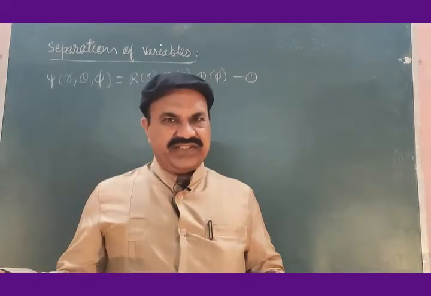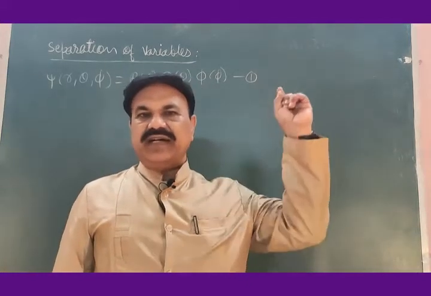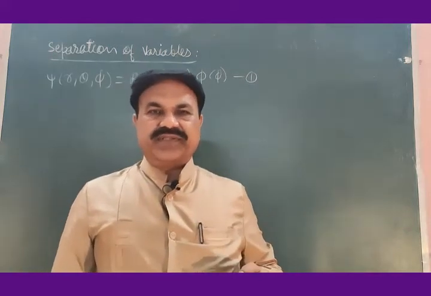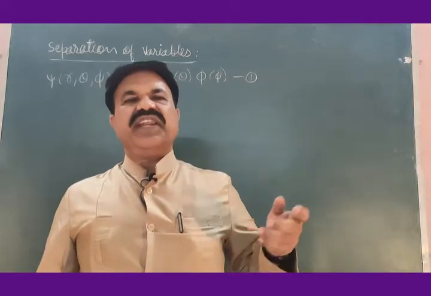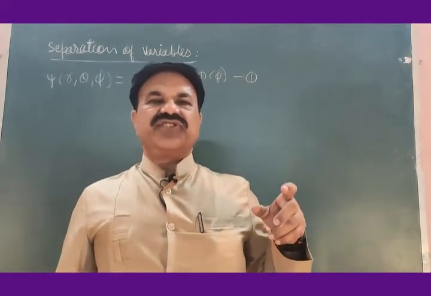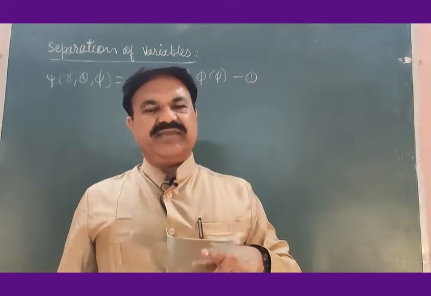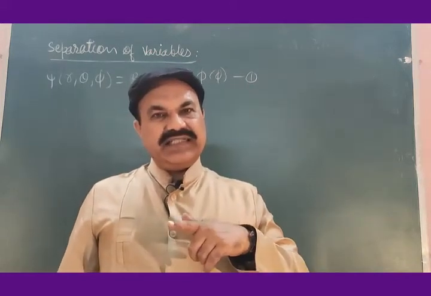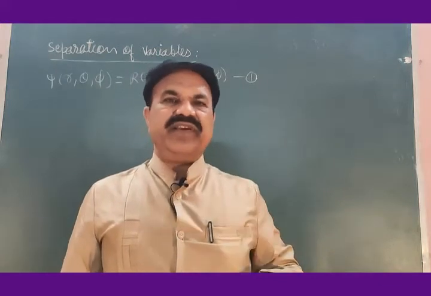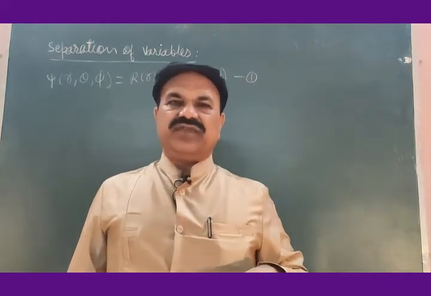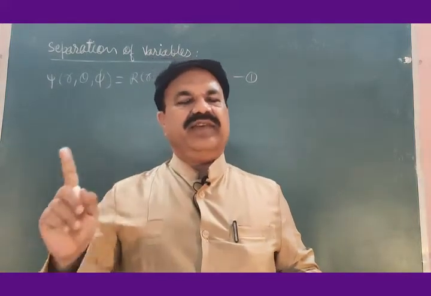The radius vector is that small r. So, R of r describes the behavior or variation of the wave function psi for the electron of the hydrogen atom along the radius vector small r, and this behavior is independent of other two variables theta of theta and phi of phi.